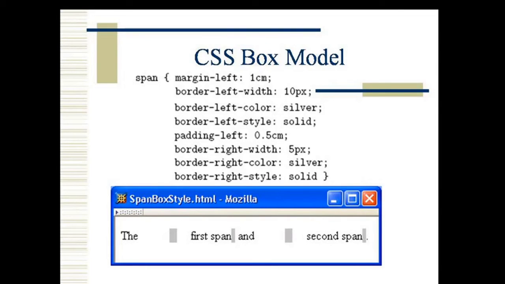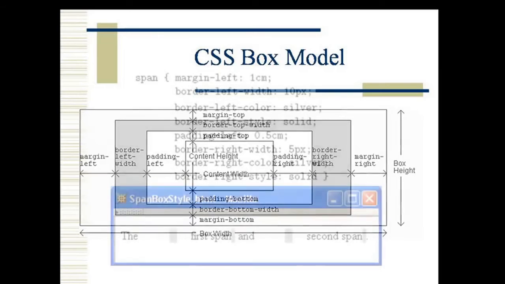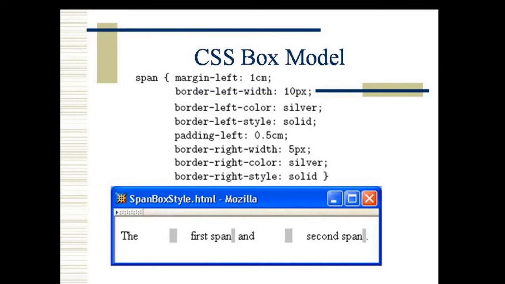We can see that whatever properties we dealt with in the previous diagram are all used inside this slide to specify the various settings. As you can see, the text is written over here. The margin left is 1 centimeter, meaning this area, and border left is this area.